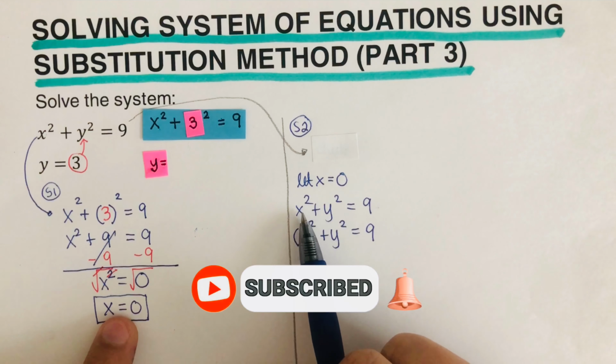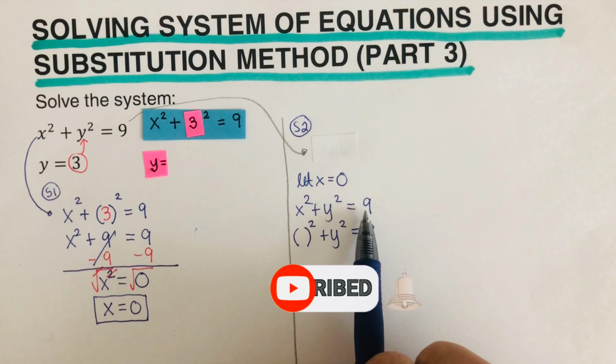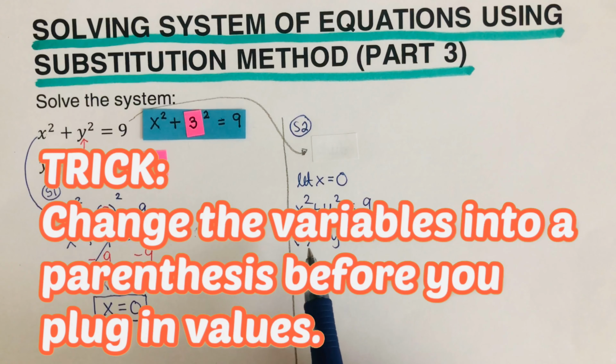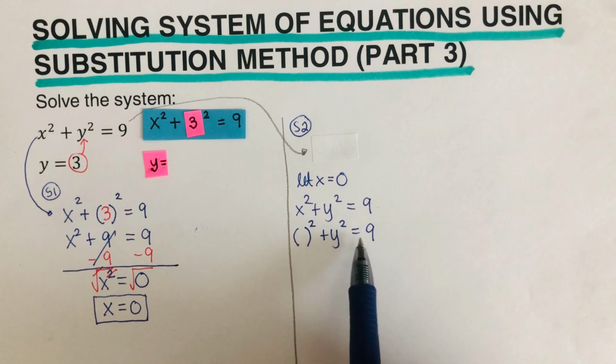I wrote it up here, copying the original equation. The trick in plugging in values is to change the variable into a parenthesis before we plug in the value. Since we know that x is 0, I changed the x into a parenthesis, squared, plus y equals 9.